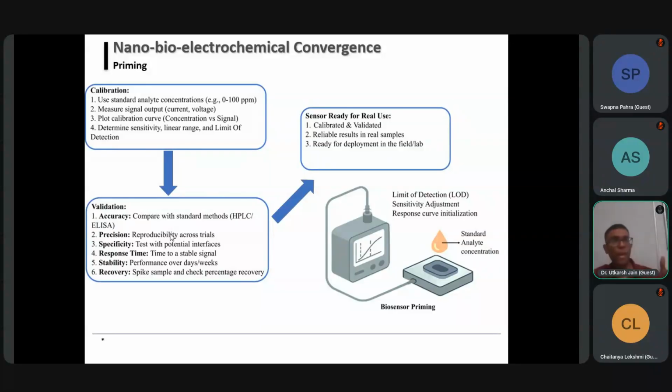While having these parameters, you need certain factors which should give all the information about that biosensing device. Those parameters can be what signal you are getting, what concentration it is able to detect, what is the minimum concentration, what is the minimum signal it is going to detect.